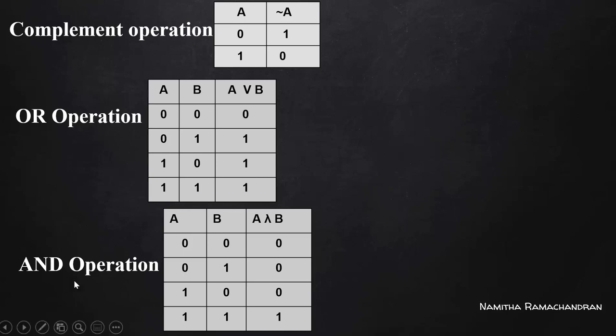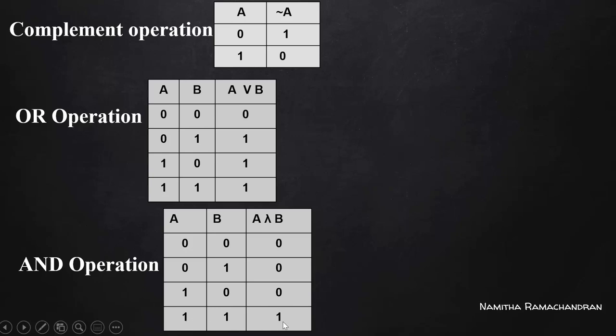Okay, and this is the AND operation. This is simply the opposite of the OR operation. Here consider the table A, B and A and B. If both are 0, then the result is 0. If A is 0 and B is 1, again the result is 0 after AND operation. A is 1, B is 0, result is 0.